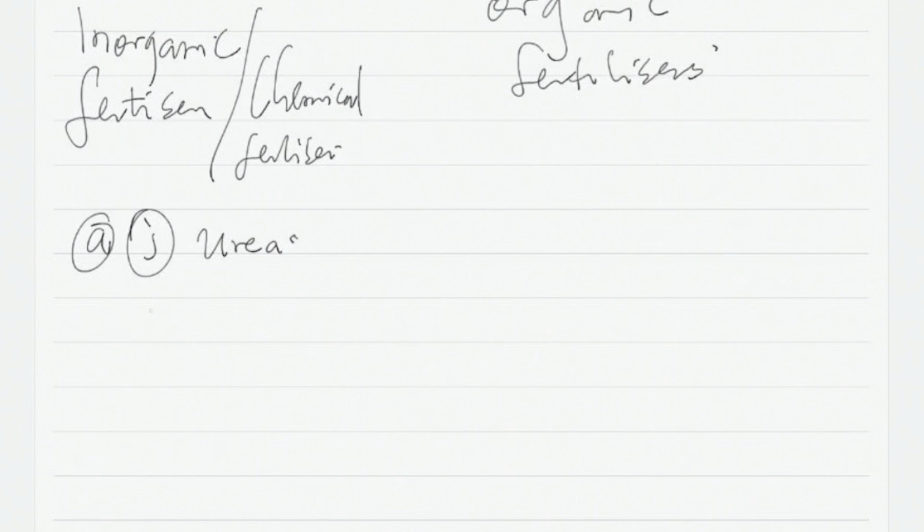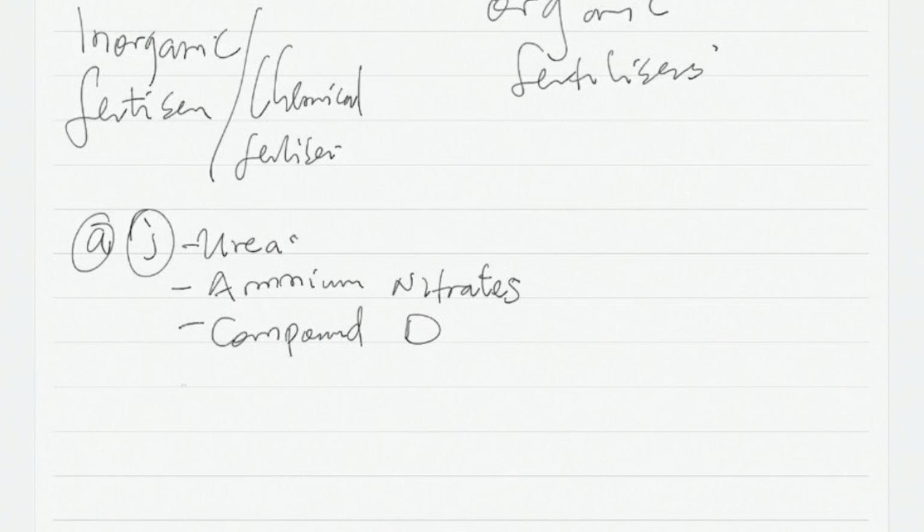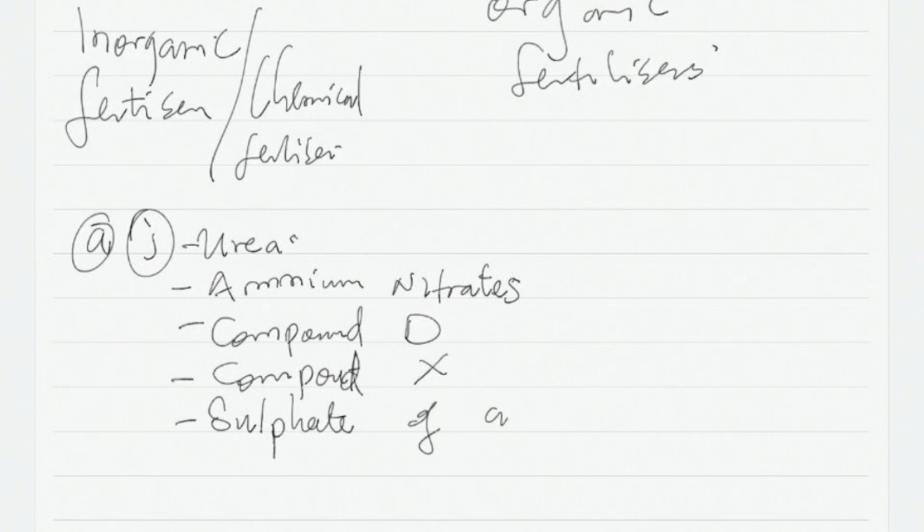We have urea, ammonium nitrate, compound D, compound X, and sulfate of ammonia.